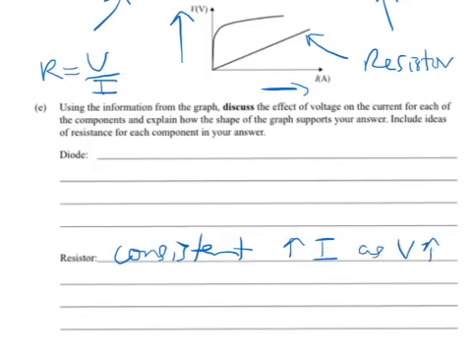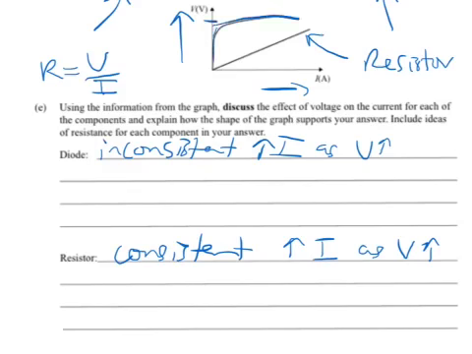The corresponding version for the diode would be an inconsistent increase in current as voltage increases. In fact, as voltage increases, you have a very small increase in current, and then all of a sudden it hits a threshold voltage and goes to a huge current. So you'll describe that as well. I'm not writing it down because the video is already getting long.